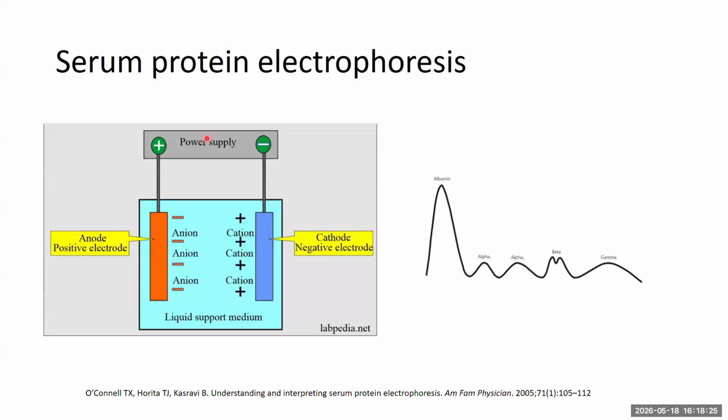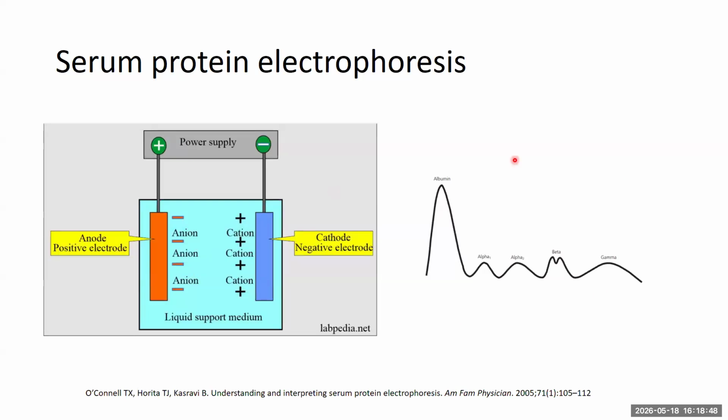Essentially, the principle of serum protein electrophoresis is the separation of proteins based on electrophoretic potential in a liquid at an alkaline pH. What this does is it causes the proteins to become negatively charged, and they then move from the cathode to the anode.